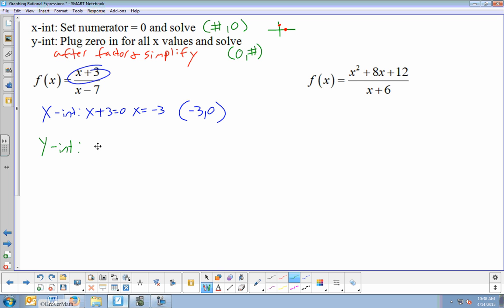So that would then be 0 plus 3 over 0 minus 7. It's just taking this and replacing your x values with zeros. So 0 plus 3 over 0 minus 7 is 3 over negative 7, which gives me a y-intercept of 0, comma, negative 3/7. And so that's how you do y-intercepts.